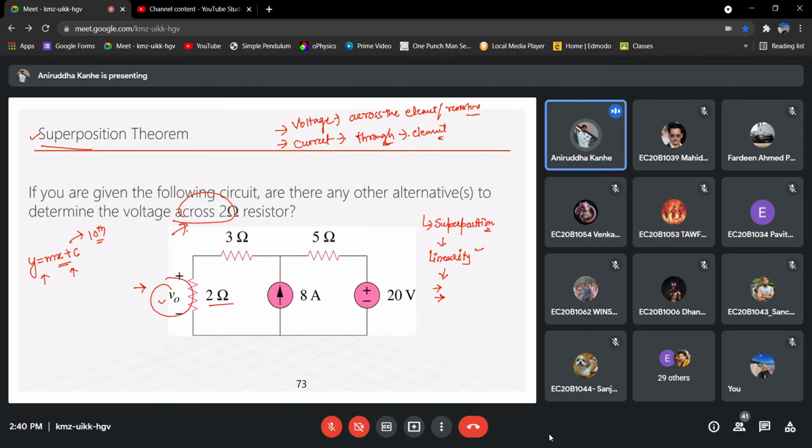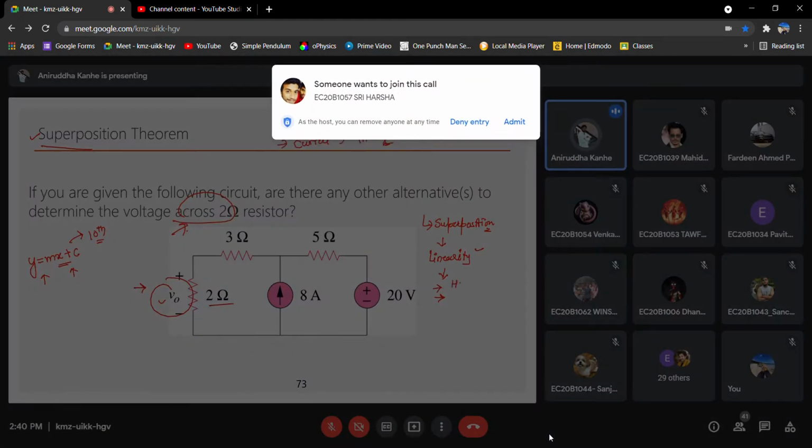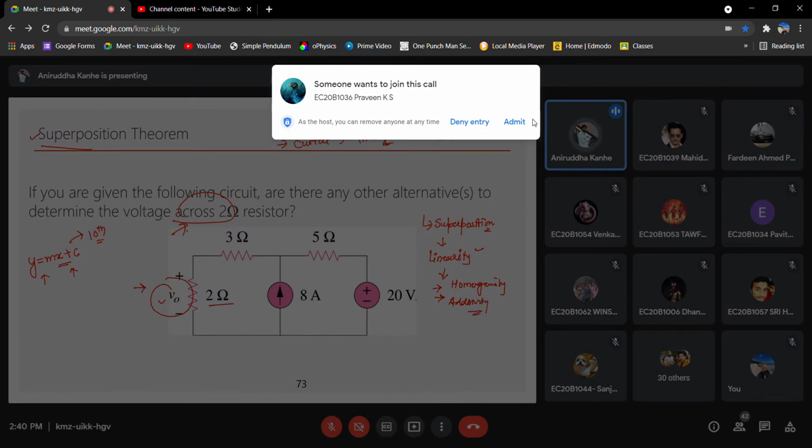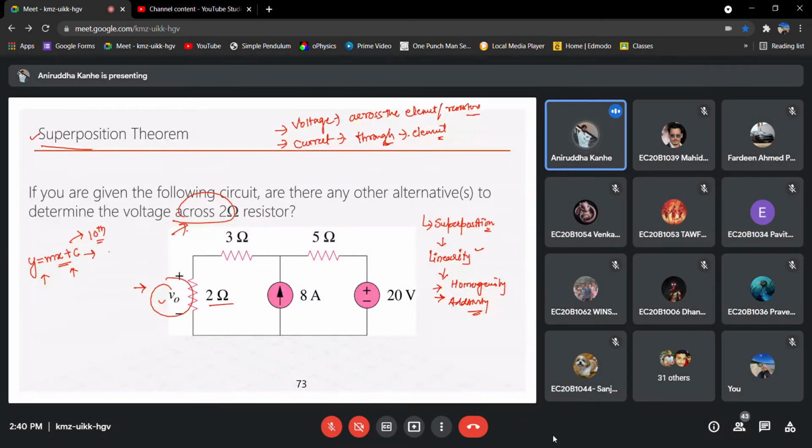Roll number 62, I think, told homogeneity and additivity. I will write it here so that it will be clear. Linearity must satisfy homogeneity and additivity. So whether this y equals mx plus c satisfies these two or not.